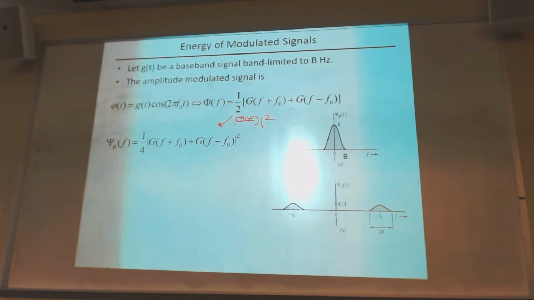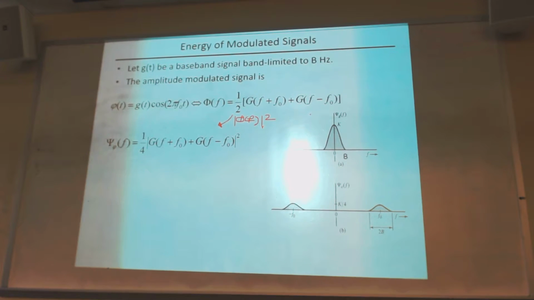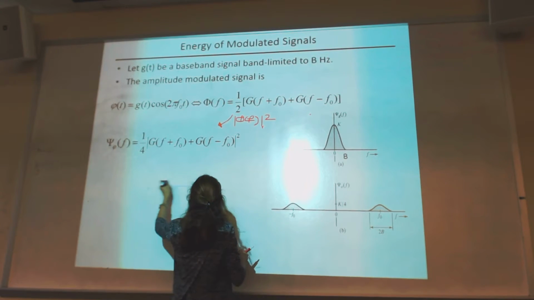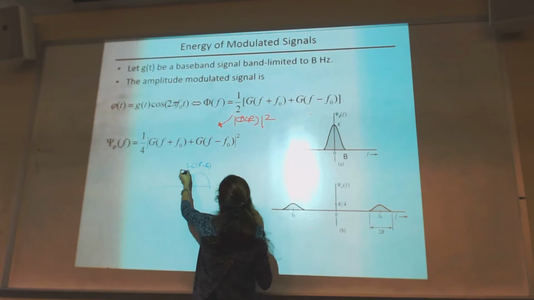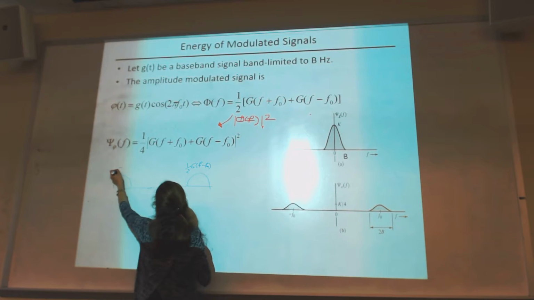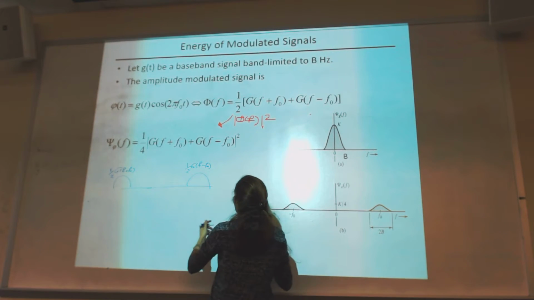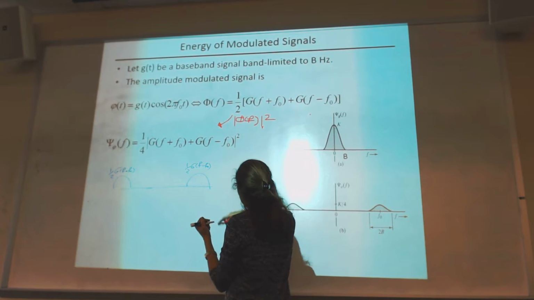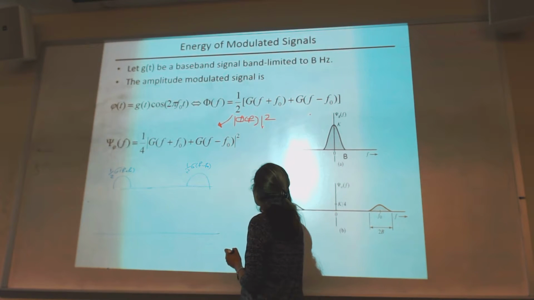So I have G(f plus f naught) and G(f minus f naught). So basically what I have is G(f minus f naught) and then G(f plus f naught). So now take the magnitude and let's square. What do you think would be the case?